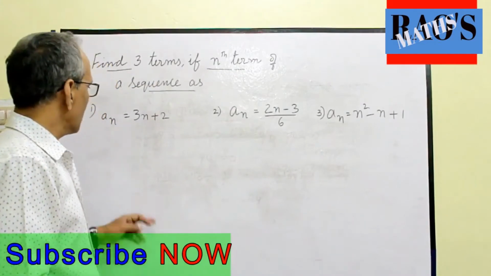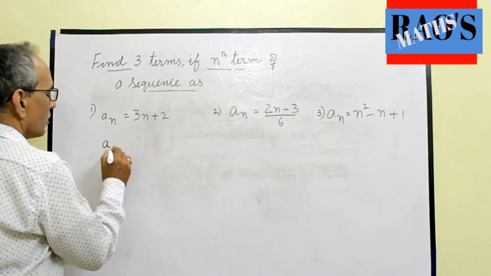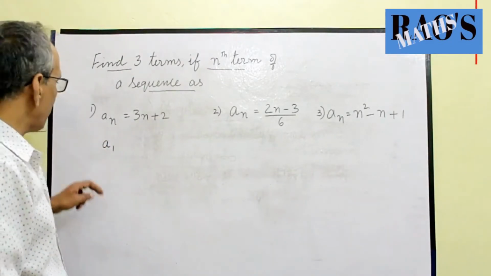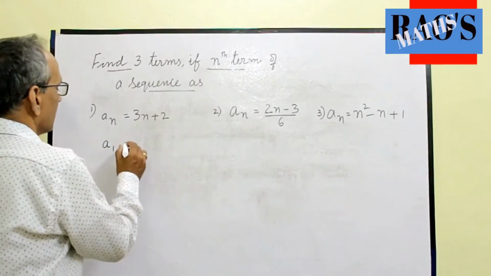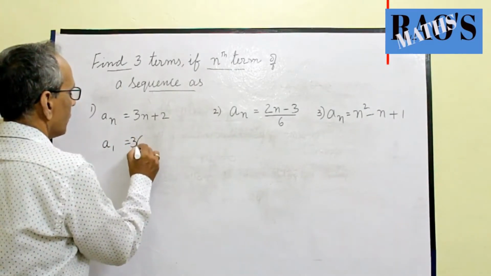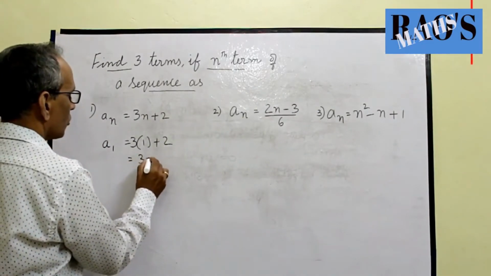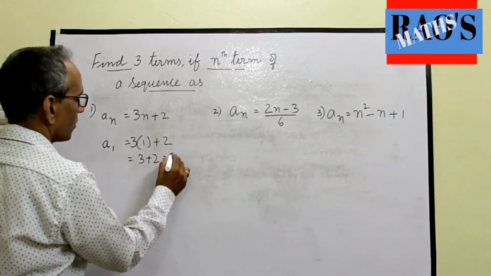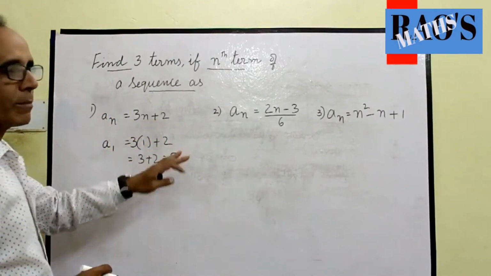So what are they? If I take 1 as the first term, we know a1 is the first term. If I substitute 1 in the place of n, what do I get? That is 3 of 1 plus 2, that is 3 plus 2, that is 5. So 5 is the first term of the sequence whose rule is 3n plus 2.